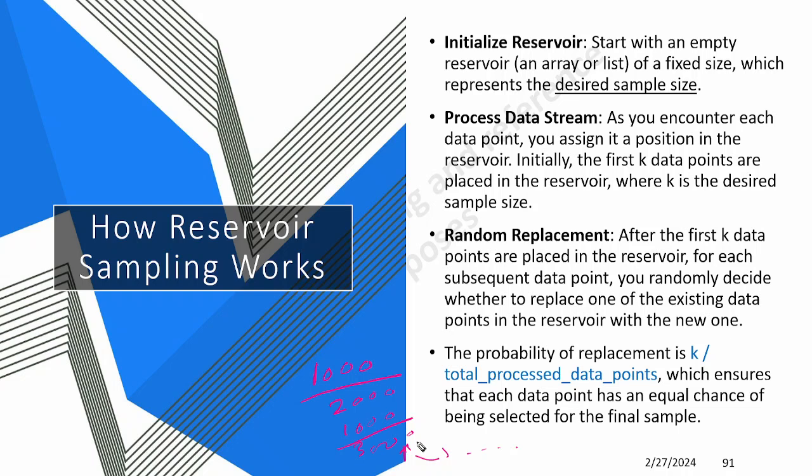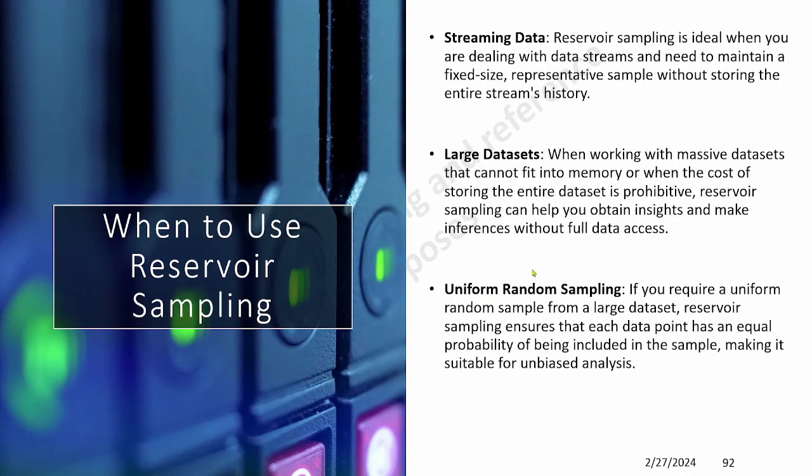So the probability for the points that are in the reservoir will keep changing, and based on the probability, it's going to pick the sample to be replaced with the new data entry.